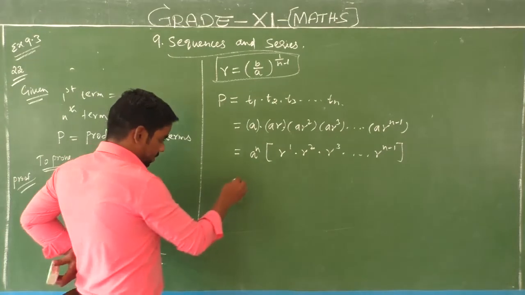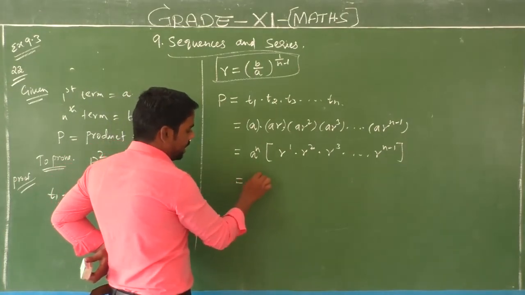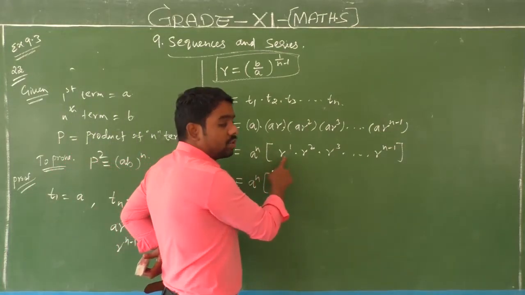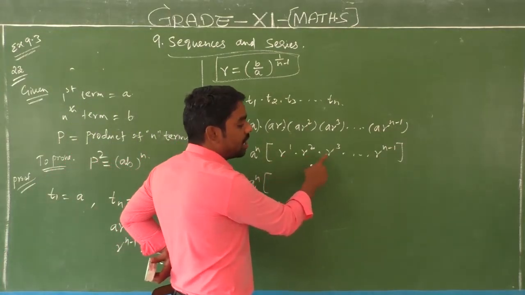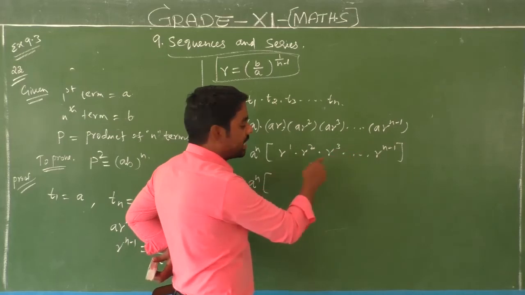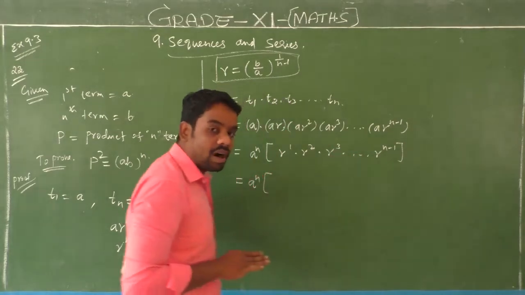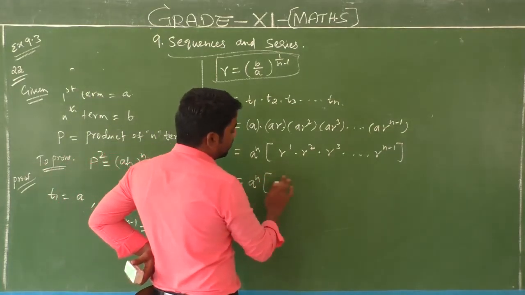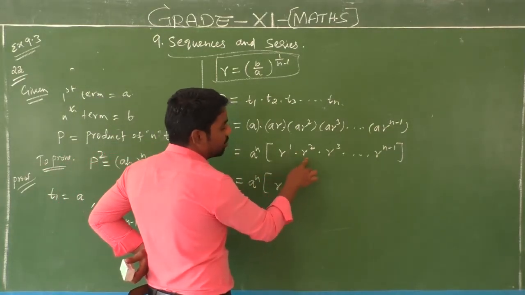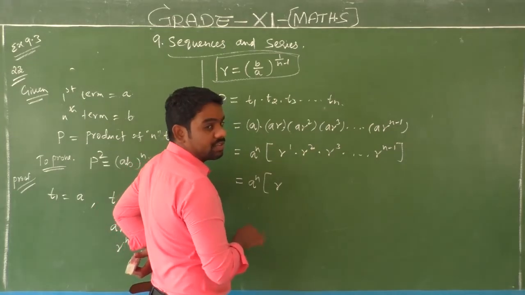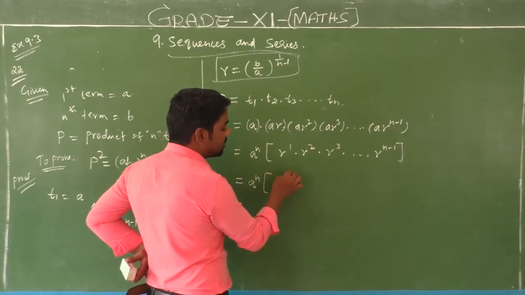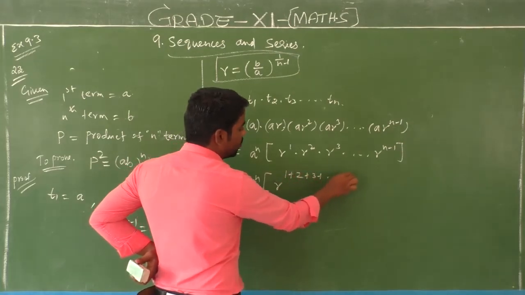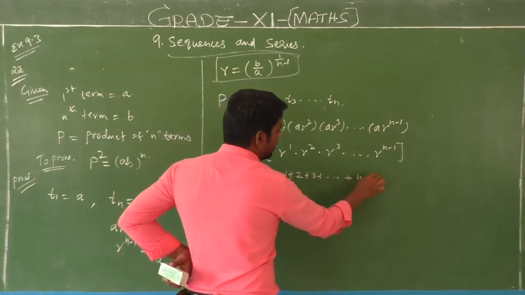Here the base is the same, r, so r power 1 into r power 2 into r power 3 and so on up to r power n minus 1 is written as r power the sum of the powers, 1 plus 2 plus 3 plus and so on plus n minus 1.